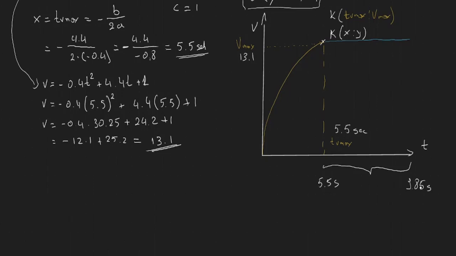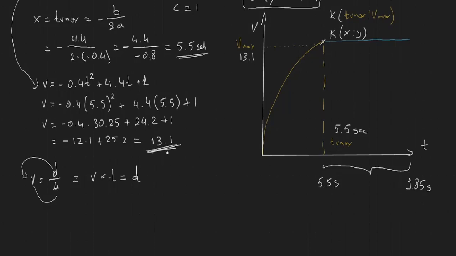From math, we know that when running with constant velocity, the speed is equal to distance over time. Since we are asked to find the distance, we are switching places, and we have velocity times time equals distance.